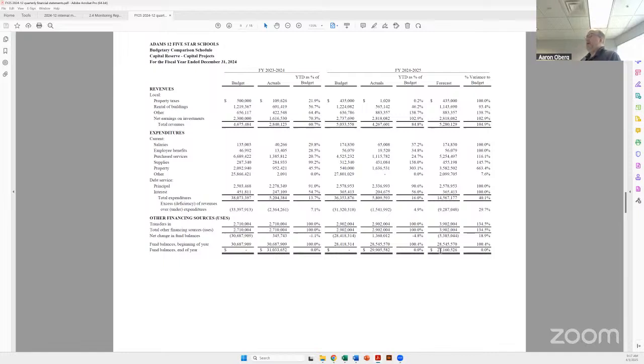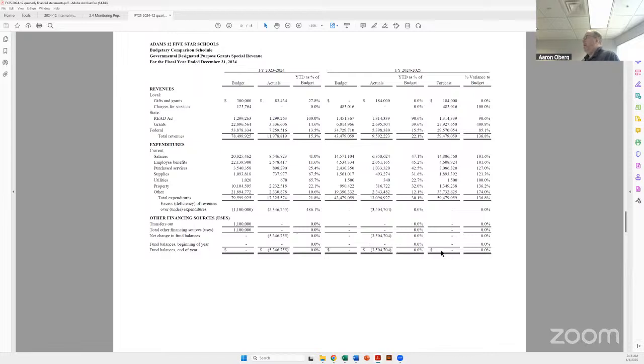Capital projects, that's where Marty and Bobby will speak a little bit today. And then the rest of them, and I won't go through each of the individual ones, are grants, base, nutrition, and the like.